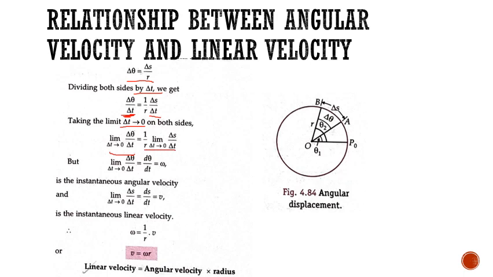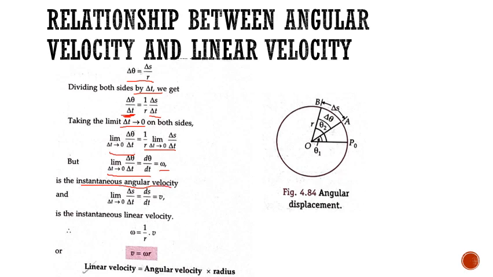Now note, limit delta t tends to 0 del theta by del t can be written as d theta by dt. Now d theta by dt, what is it? The rate of change of angular displacement. It is your instantaneous angular velocity.